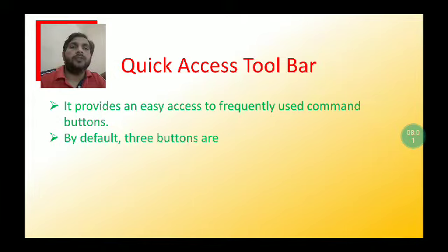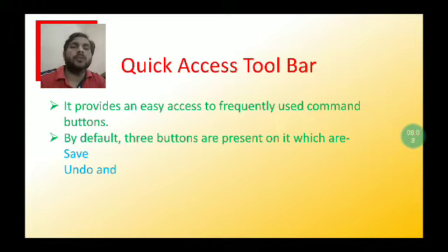By default, 3 buttons are present on it, which are Save, Undo and Redo. So by default, these 3 commands are present in Quick Access Toolbar, that is Save, Undo and Redo. We can customize this Quick Access Toolbar and we can add other commands also according to our choice.